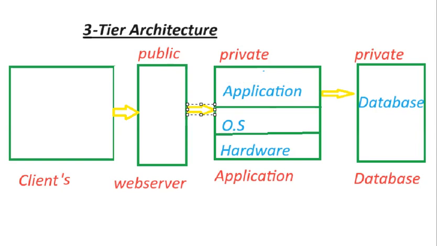So now you can tell me, I have provided my database in private and I have provided my application in private. Only the web server, that is nothing but configurations.